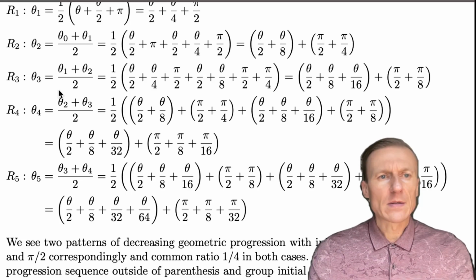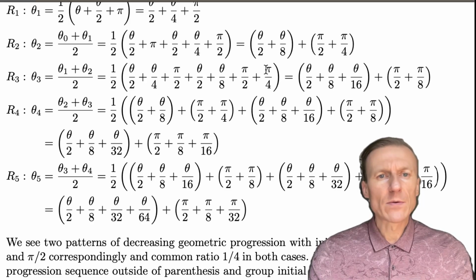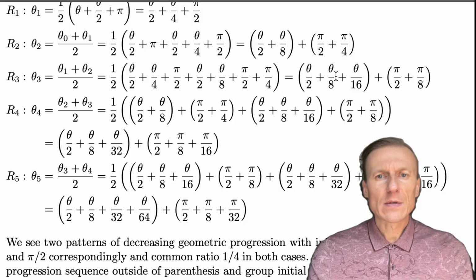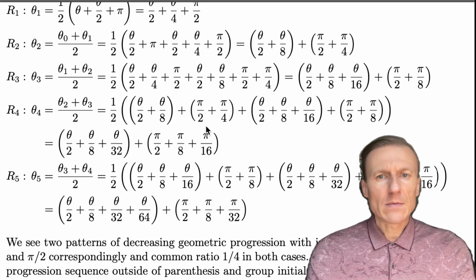I add the previous two terms together and divide it. I will have the following sequence. I group theta terms and pi terms together and divide by 2. And we see the following pattern.